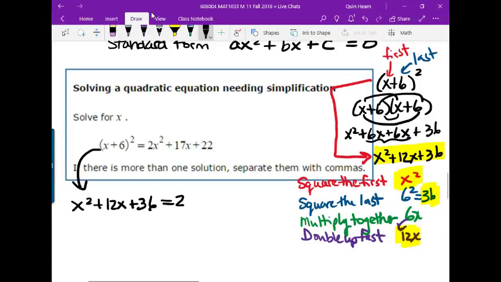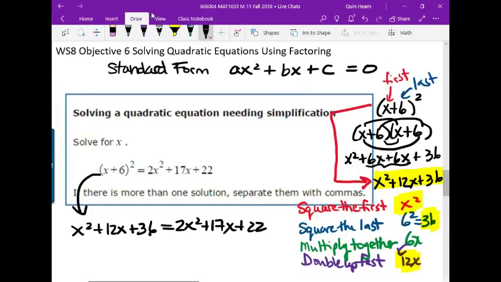All right, so on the left then, I'm going to write x squared plus 12x plus 36. And then on the right, I have 2x squared plus 17x plus 22. And now I want to get this in standard form, so I want 0 on one side. It really doesn't matter if you have ax squared plus bx plus c equals 0 or 0 equals ax squared plus bx plus c. The 0 can be on either side. The way I like to do it is move the x squareds to whichever side will leave the coefficient positive.